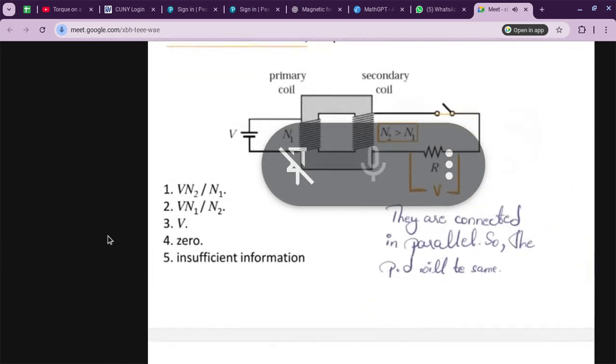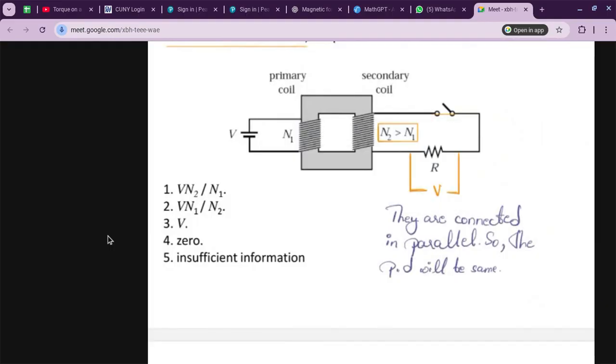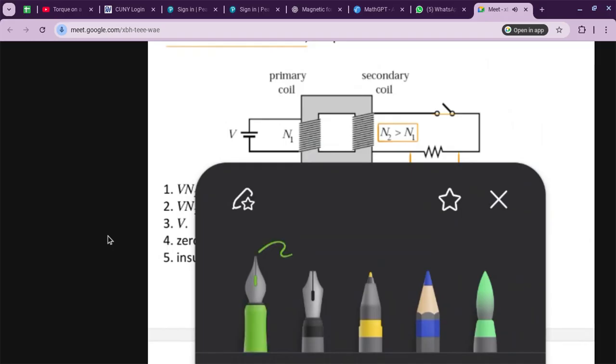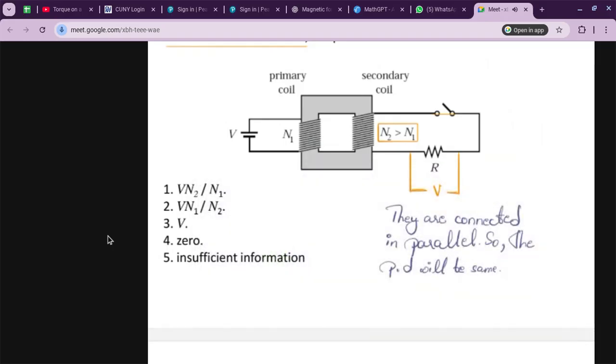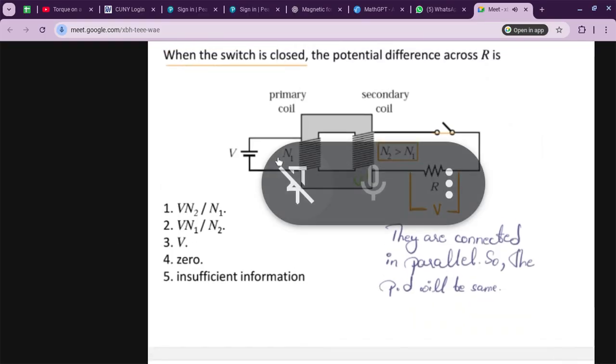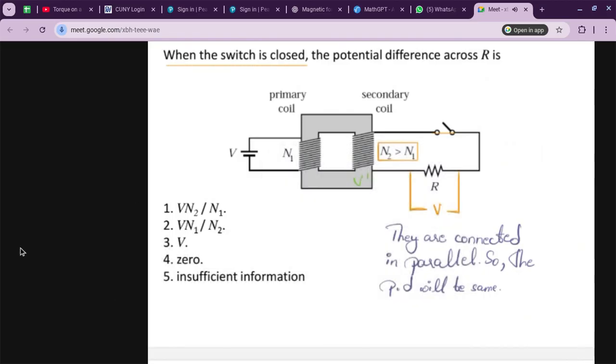Would it be 2? Okay, let's find out. Suppose this is V, then this will be V prime, and this is V prime as well.